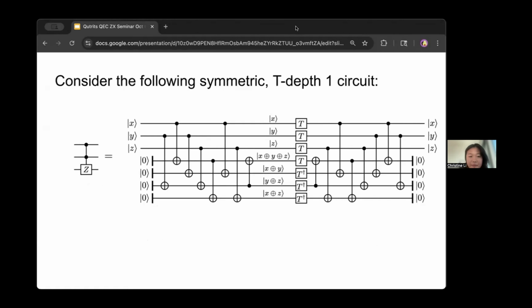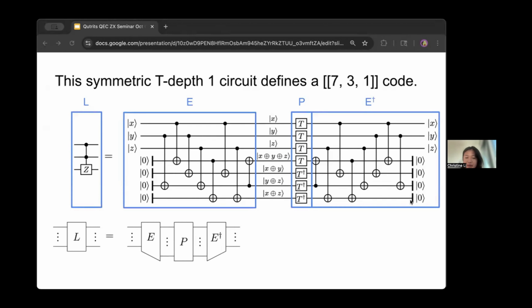So now, alternatively, we can start from the CCZ gate and a symmetric T-depth 1 circuit that implements that gate. This is such a circuit, from Selinger's paper, and you can see that we can split this circuit into basically 2 halves.